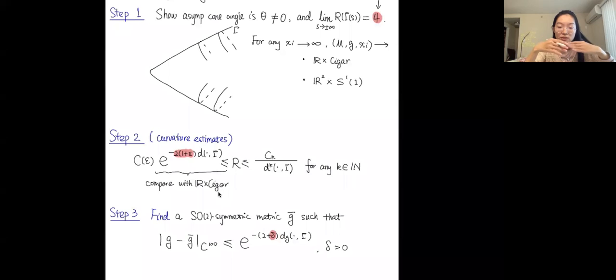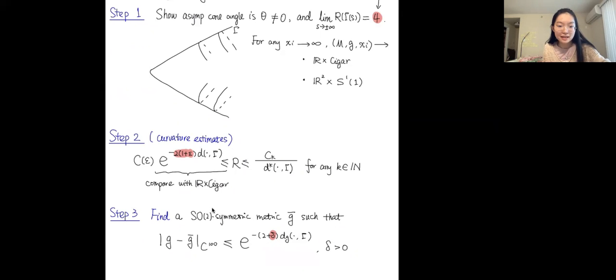So we'll be able to glue these together to get an approximate metric that is O(2) symmetric. And then we're going to use some symmetry improvement theorems to improve these approximations away from the edges. And so eventually we'll be able to achieve this exponential decay using the symmetry improvement theorem.